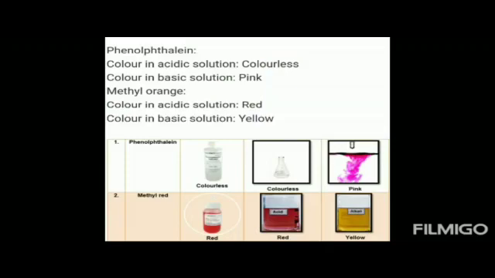When methyl orange is added to any basic substance, it turns yellow. Phenolphthalein. It is an artificial indicator. When it is added to any acidic or neutral substance, its color does not change. When it is added to basic substances, it changes to pink.